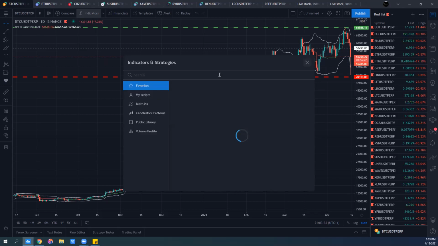I'll type the name so that you can pull it up on your chart as well. The name is NNFX. I'll tell you the origin of the indicator as we go on.